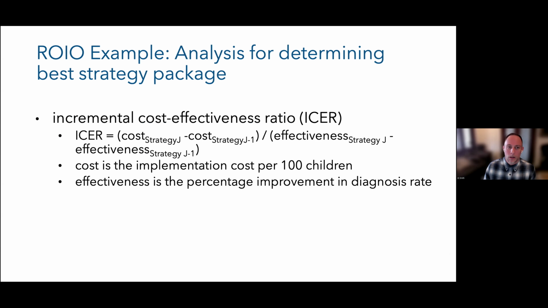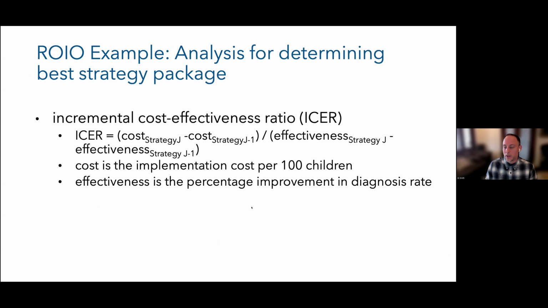Okay. The other piece that's really important for determining the optimal or best strategy package is what's called an incremental cost effectiveness ratio. In contrast to comparative effectiveness research, which is mostly just trying to figure out which is the most effective intervention, which one can achieve the highest effect size, we also care about cost here.